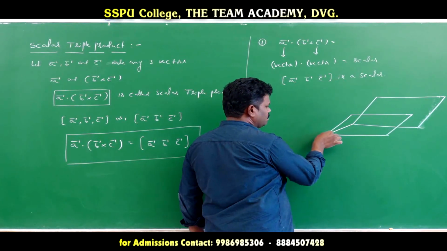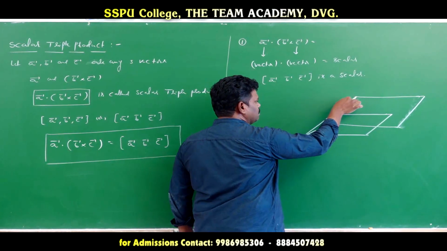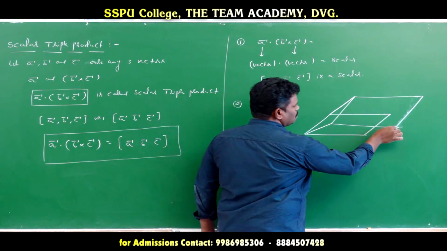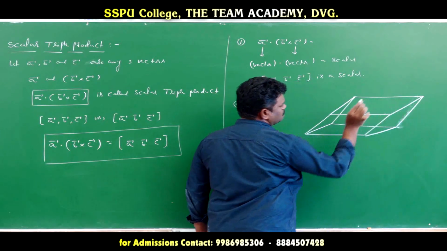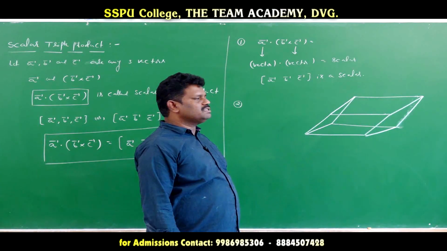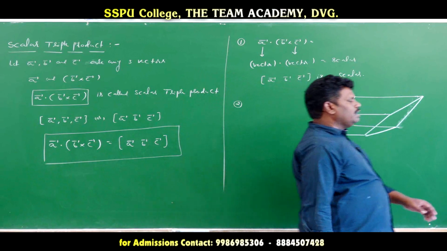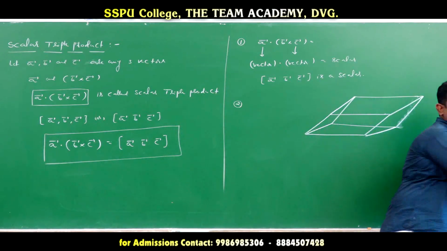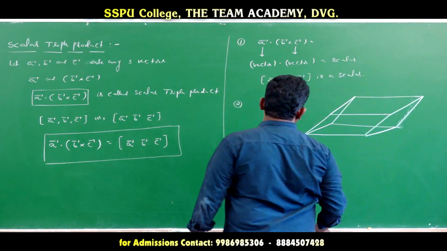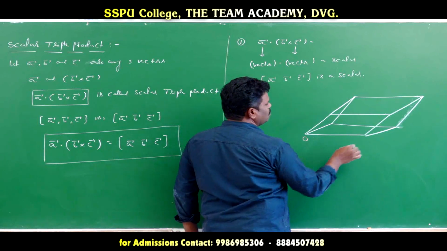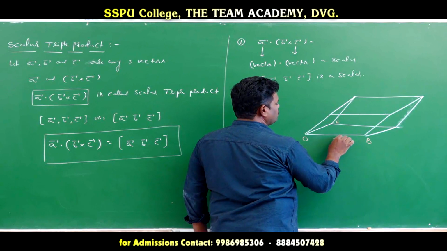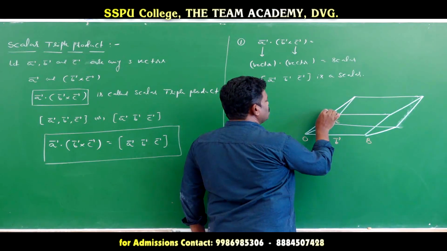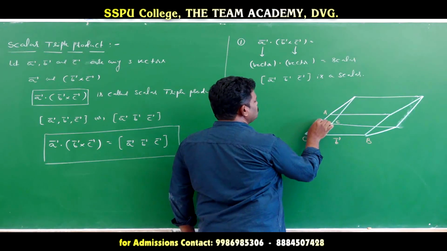If we join these, this shape represents the parallelepiped shape. Now for the vectors, this is the origin, and if we consider these the B point and C point, this vector is B bar and this vector is C bar.